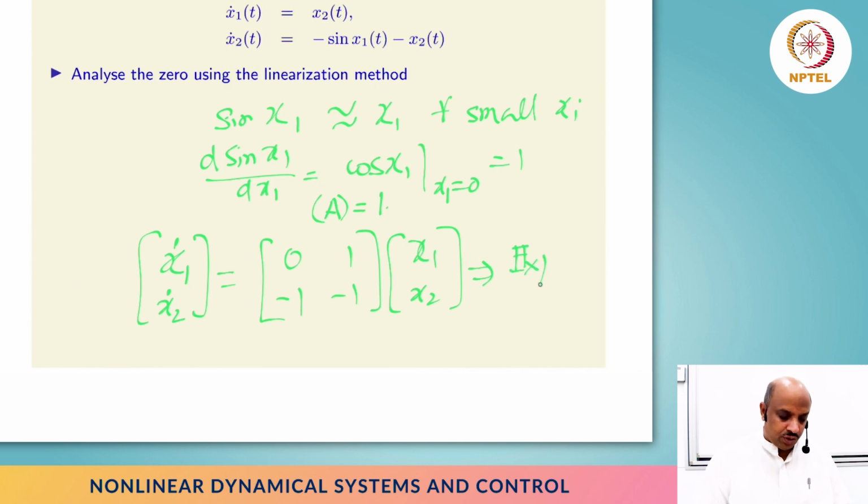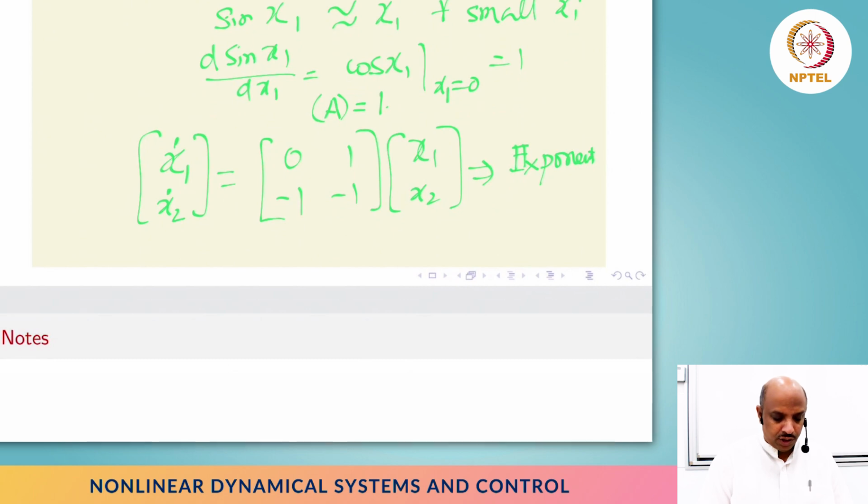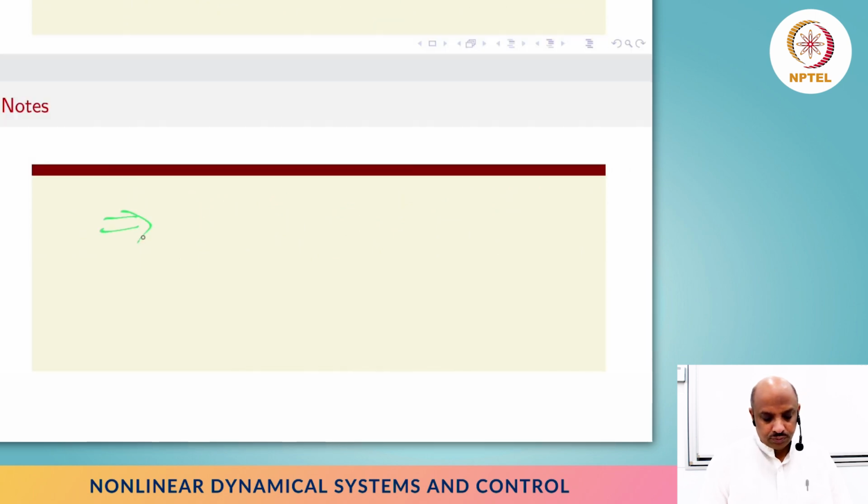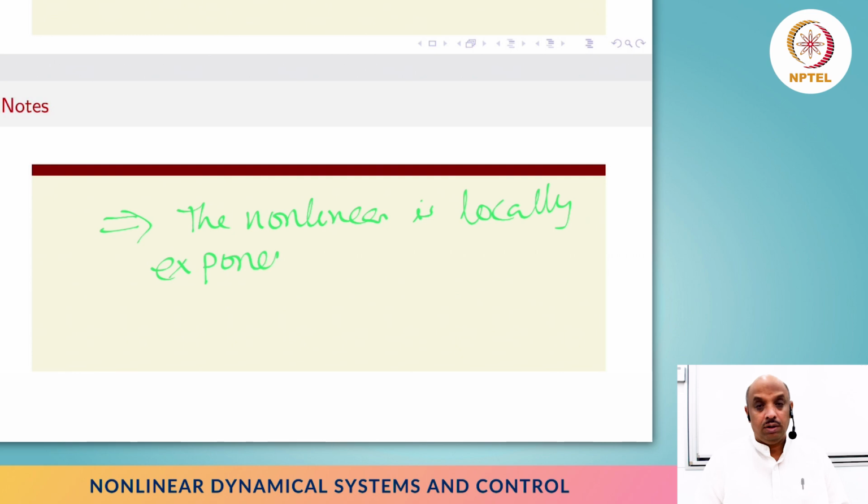So the nonlinear system is, emphasizing, locally exponentially stable. Now we do know that this particular sine of x1 has multiple equilibria, so it can never be globally exponentially stable.